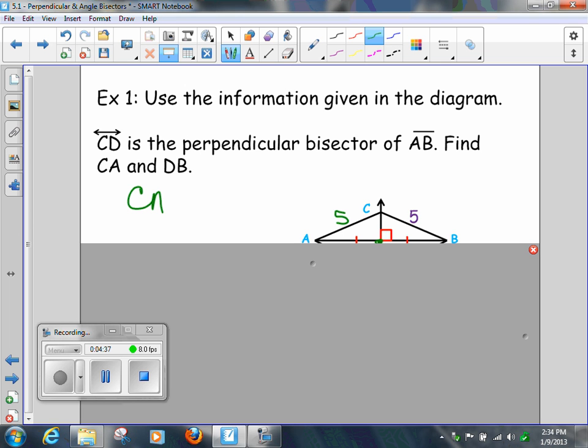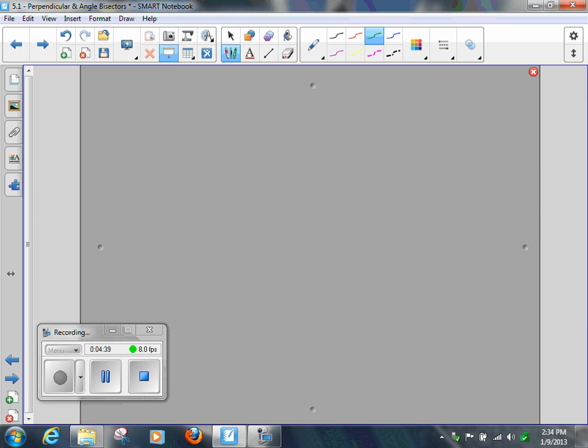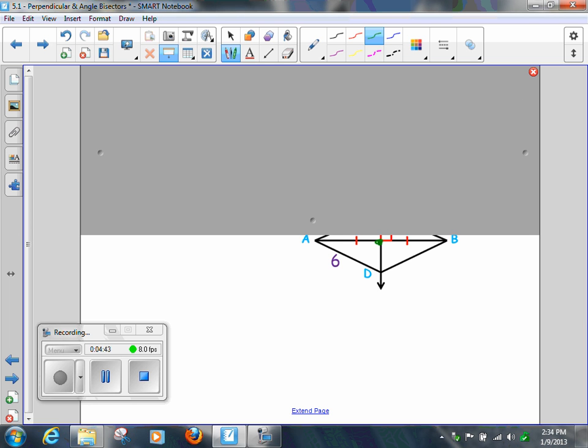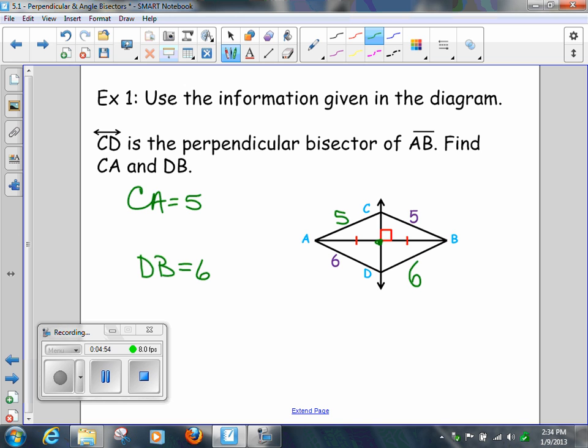CA is 5. Folks, what's DB? 6. Facile or difficile? Muy facile. See? All right. See how easy that is? This is going to go very fast. Question. That's it. That's it.